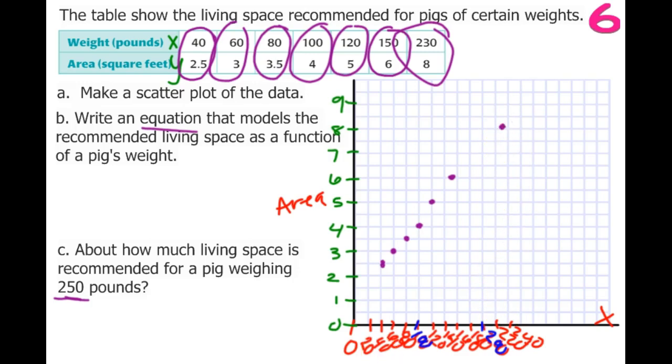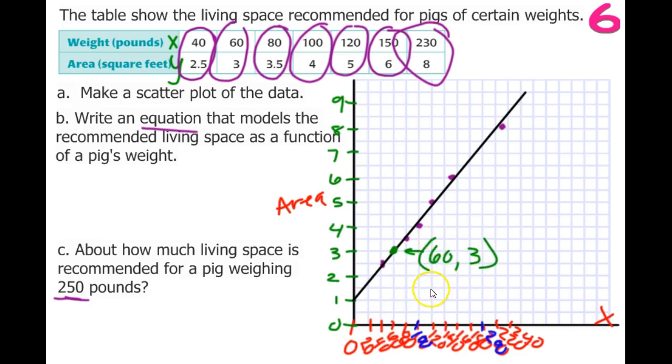So they kind of form a nice straight line, but not entirely. So we do need to draw a line of best fit that goes approximately through these points. So I'm going to move my line just a little bit. There we go. So for the sake of this problem, I would suggest choosing the same points I do. For example, I'm going to choose this point because I went right through that point, and that point is 60, 3.